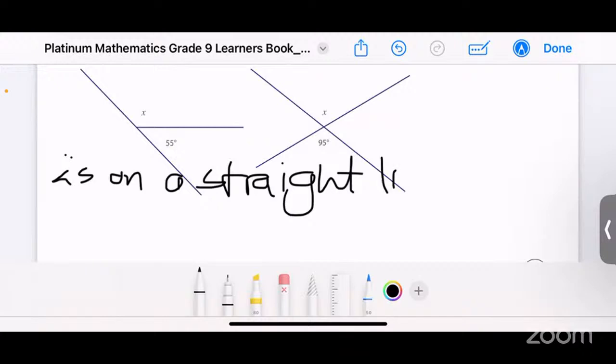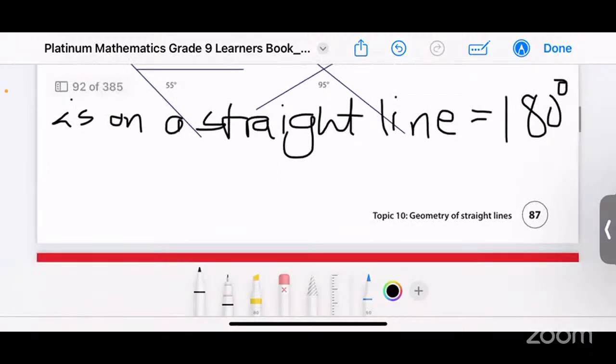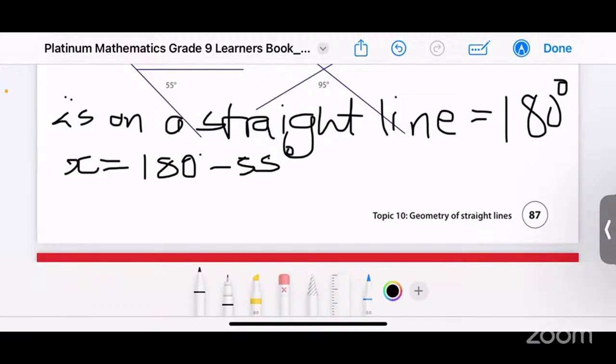We know that it's 180. This is how we write it, né? And then angles on a straight line, we are now saying x is equal to 180 degrees minus 55 degrees. So if we subtract, what do we get?